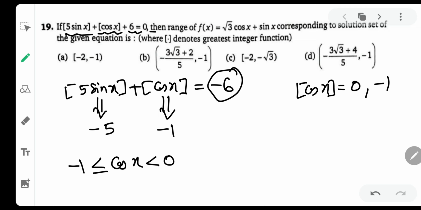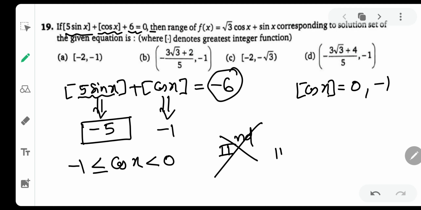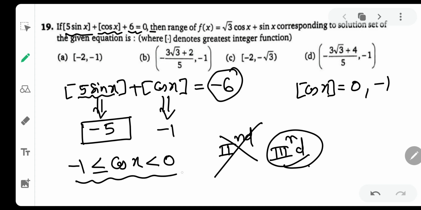So cos x is negative in two quadrants, that is the second quadrant and the third quadrant. But second quadrant will be rejected. The reason is sin x will be positive in the second quadrant, and then we won't get this negative. Hence we are going to select the third quadrant. So cos x is totally lying in the third quadrant.